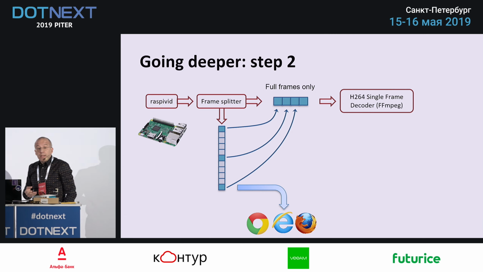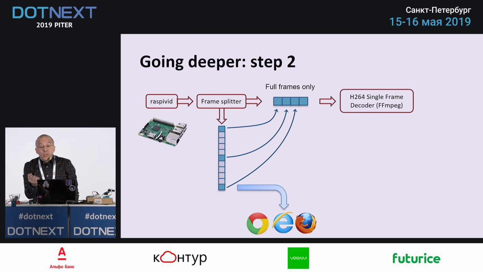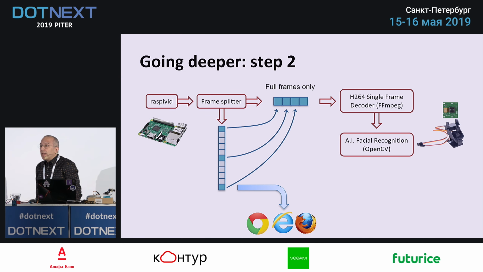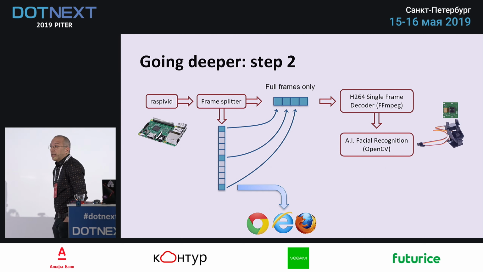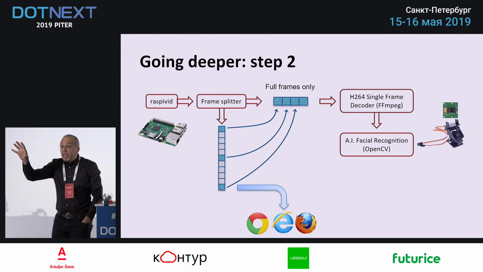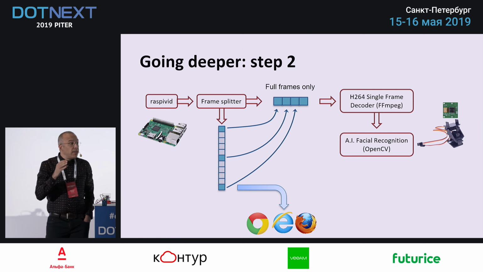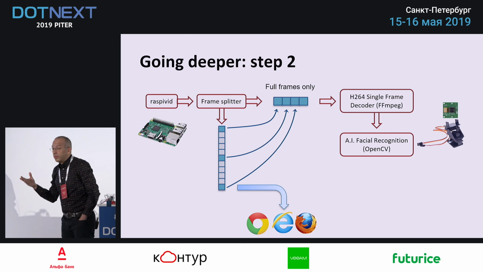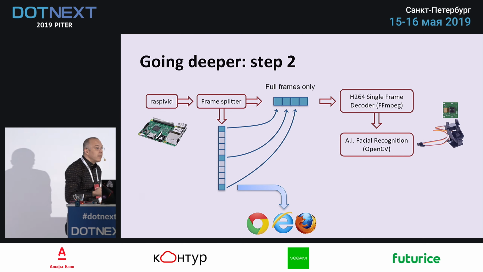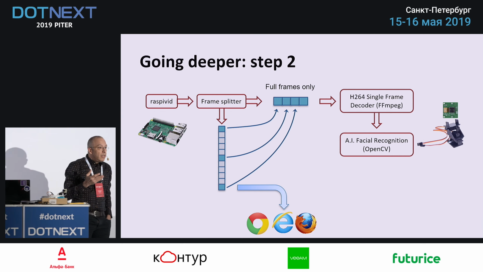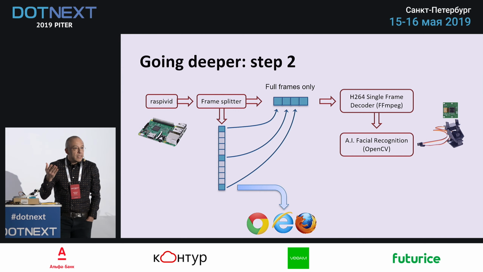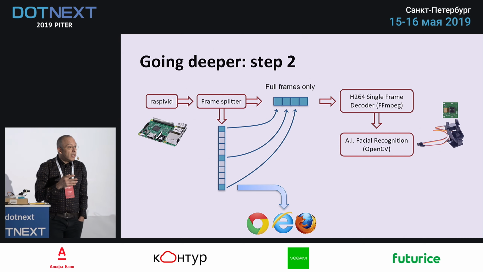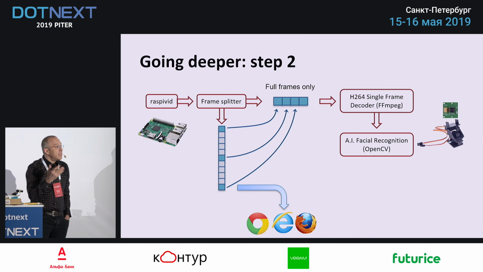And I am using the FFmpeg library in order to decode this. And I really wanted to add facial recognition so that I can analyze the image that has been decoded, giving it to OpenCV, which has very smart algorithms. By the way, I first tried the very latest fancy new wave of recognizing objects that works pretty well. It's called YOLO3, which is an extremely sophisticated artificial intelligence.